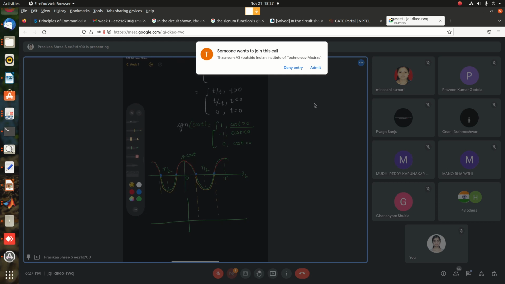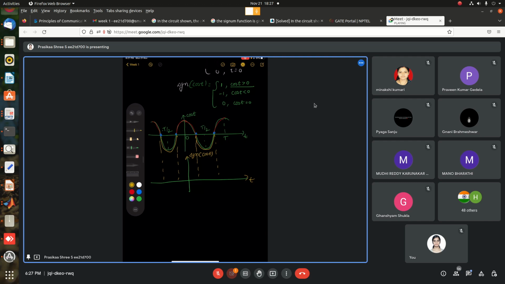Now, plotting signum of cos t. If cos t is greater than 0, then the value is 1. See here, cos t is greater than 0, the value is 1. When cos t is equal to 0, the value is 0.